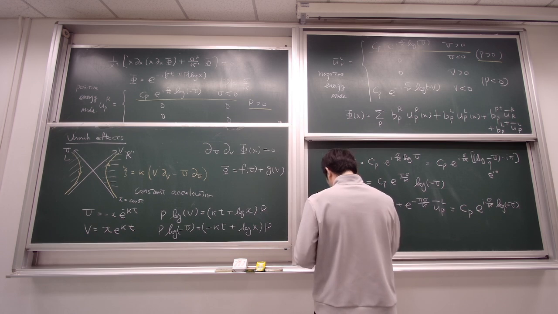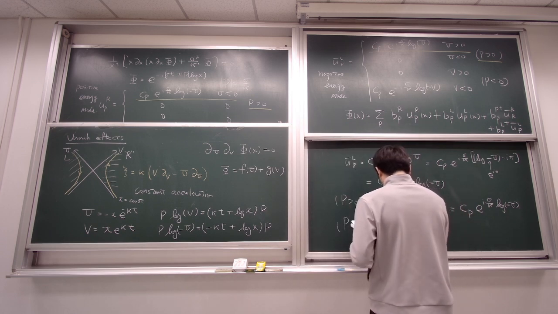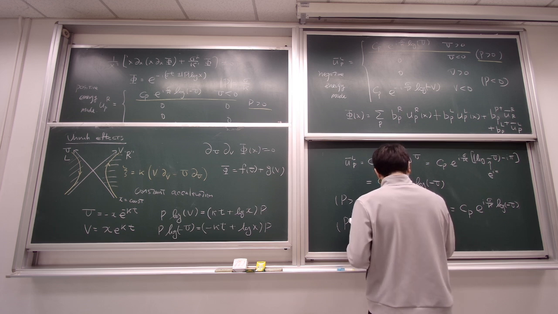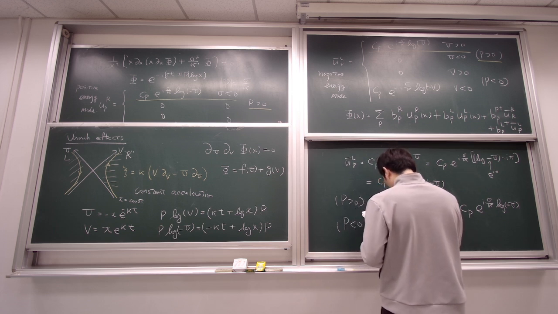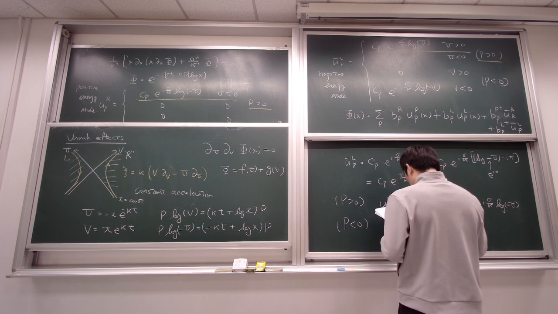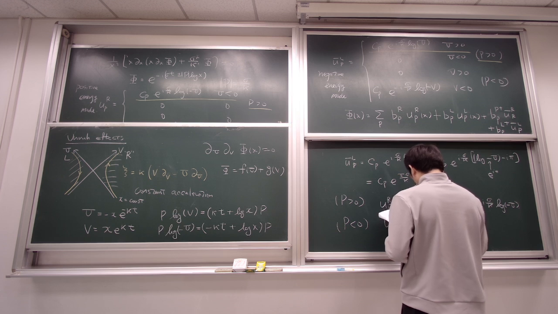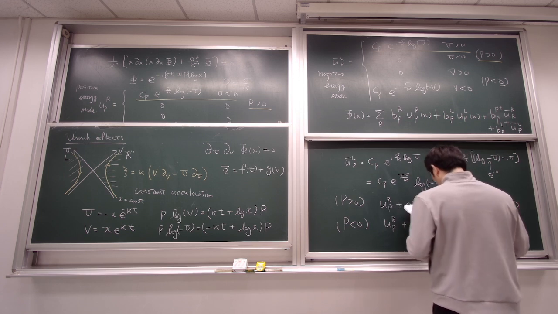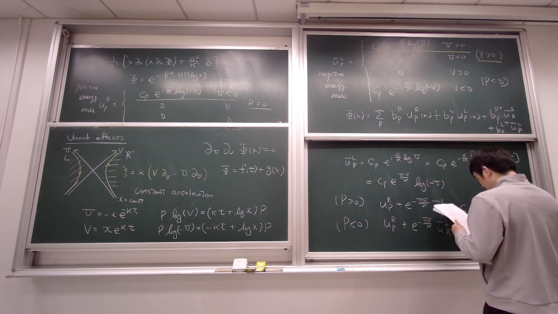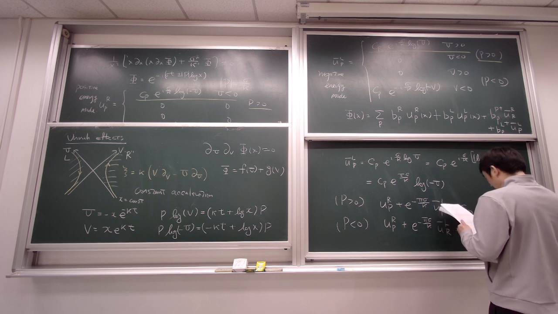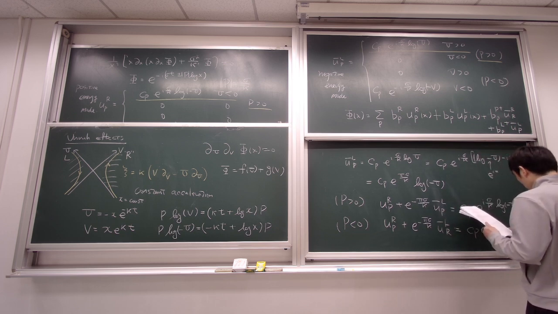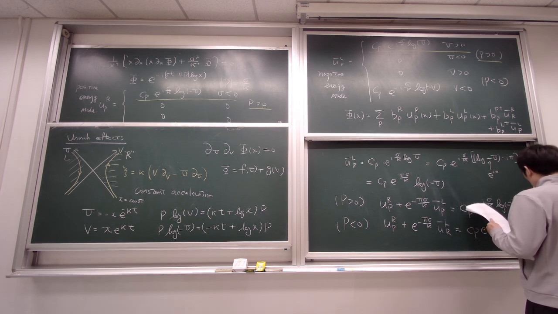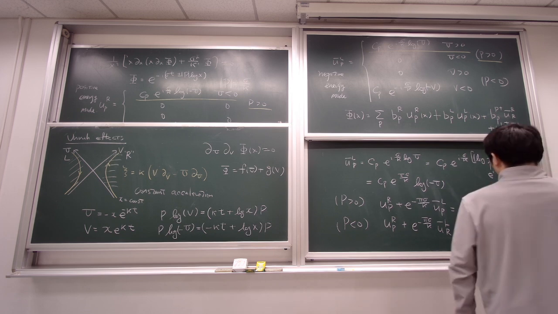In the negative case, one can similarly construct the U bar R LP, which is Cp e to the pi sigma over kappa, and then e to the minus i sigma over kappa log minus V. Okay, so like this.